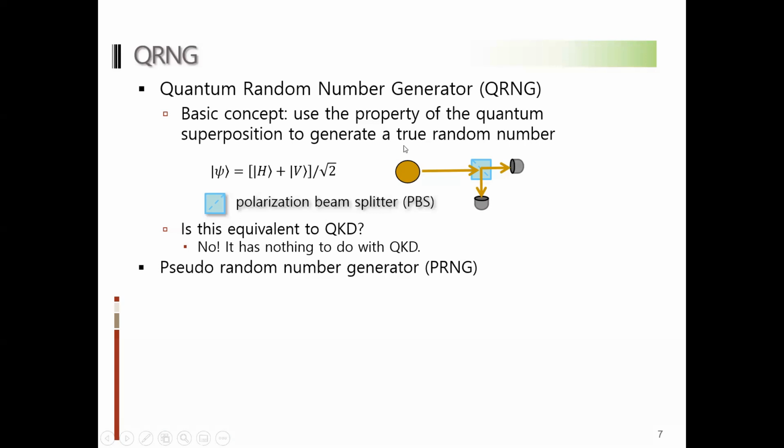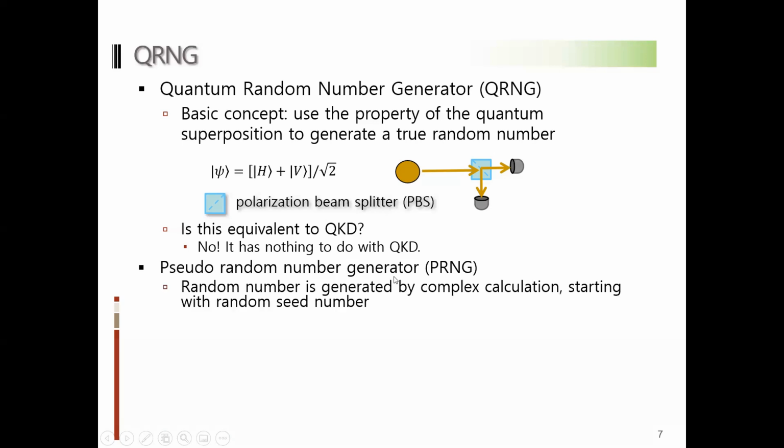As I mentioned, we call this QRNG a true random number generator. Then what's the difference? The typical random number generator you use on a computer is called a pseudo random number generator, because all those random numbers typically used in the computer are generated by very complex calculation.